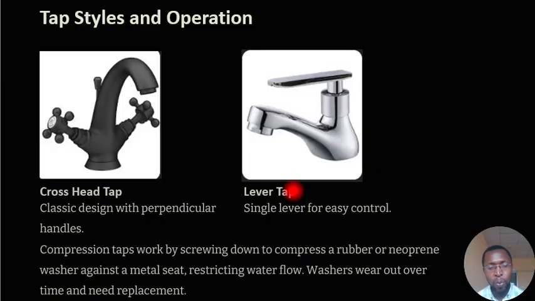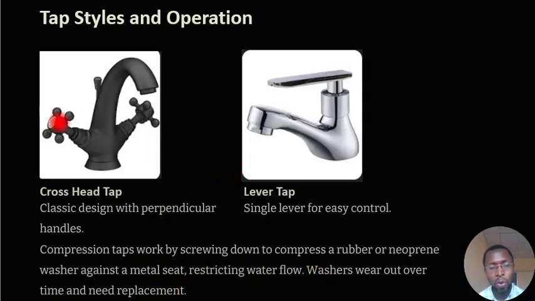So whichever type that you want to use, they are still dealing with compression and expansion. So for that of the cross-head tap, when you turn it and it begins to go down, it's gradually compressing to reduce the space that will allow the flow of water. Okay, so compression taps work by screwing down to compress a rubber or neoprene washer against a metal seat, restricting water flow.